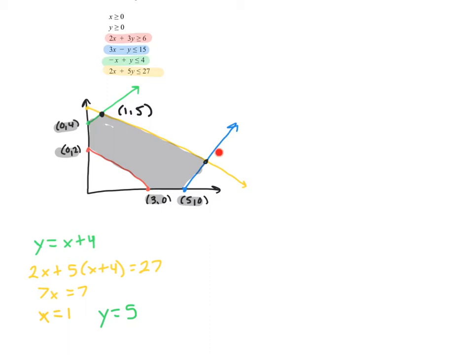And then for this other coordinate, I can clearly see that it's going to occur where the blue and the yellow are intersecting. So I'm going to start with my blue equation and solve for y. I'm going to use substitution again, and I'm going to substitute that into the yellow equation.